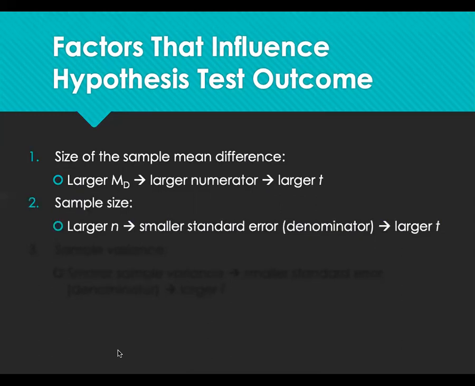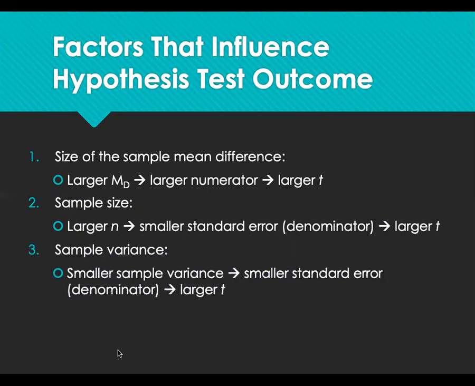Another factor that influences the outcome of a hypothesis test is the sample size. Of course, the larger n is better, right? Larger n is going to give you smaller standard error, which is going to give you a larger t. Sample variance: the smaller the sample variance, the smaller the standard error, and again, the larger t-value.